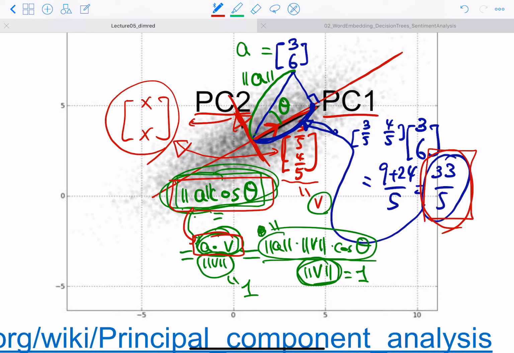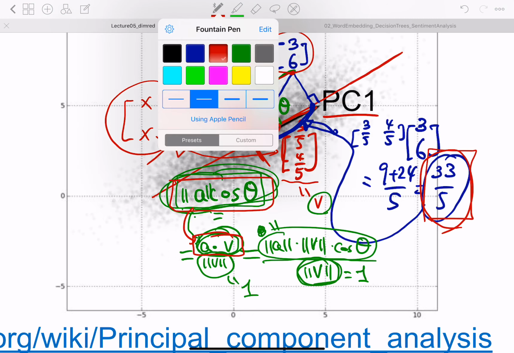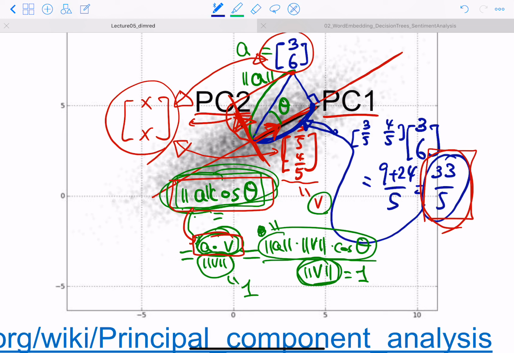The projection of this point onto this line is similarly obtained through the inner product between this vector and that vector. So that's how we compute PCA: once we obtain the unit vectors corresponding to the first and second principal components, simply performing the inner product gives us the reduced dimensional representation.